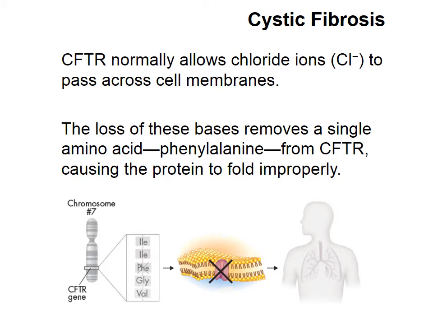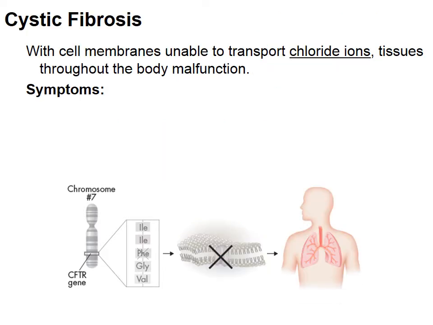All right? The loss of the bases removes a single amino acid, and it causes the protein not to fold properly. And because the protein doesn't fold correctly, the cell membrane is unable to transport chloride ions across the membrane.